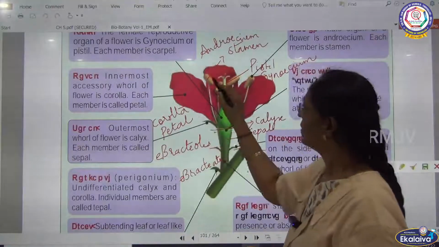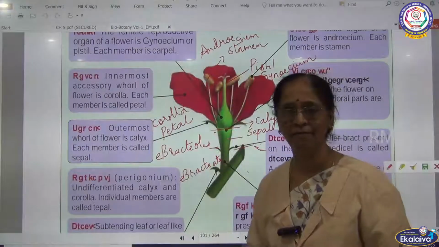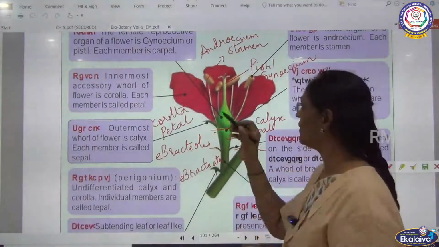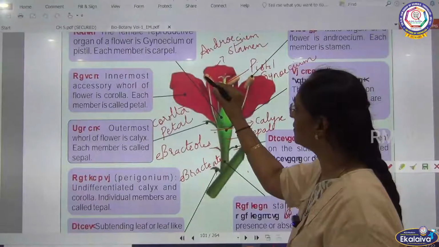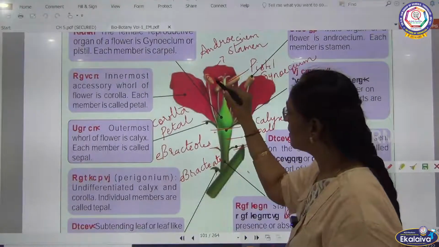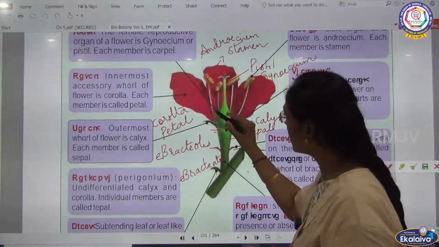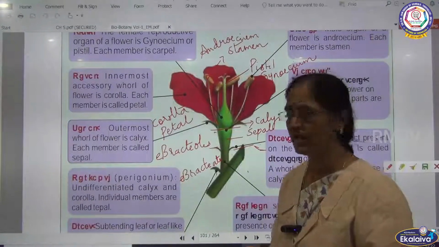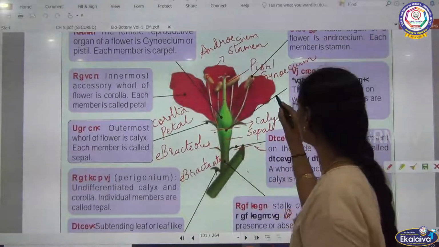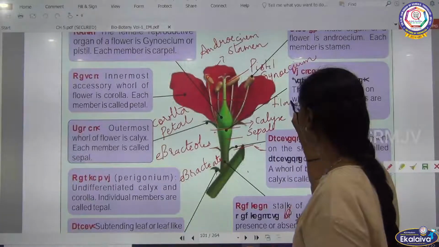And then the male part, the androecium, having stamens. The stamen will have the anther, and this is what we call the filament.